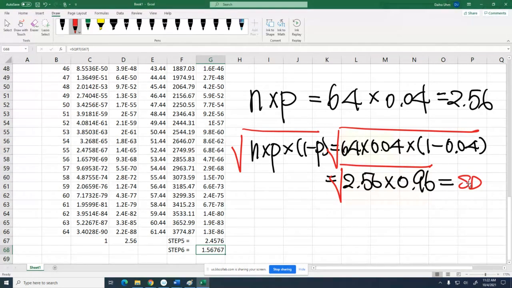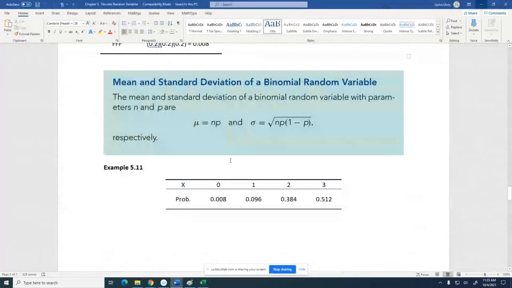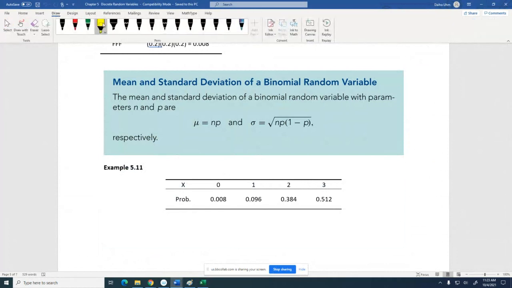Only in the binomial distribution, simply we can take the probability using the probability function, and the mean and standard deviation. Very simple. Okay? So let me finish the example of the binomial distribution. Here is the mean, the mu, and the sigma, the standard deviation. Only in the binomial distribution.